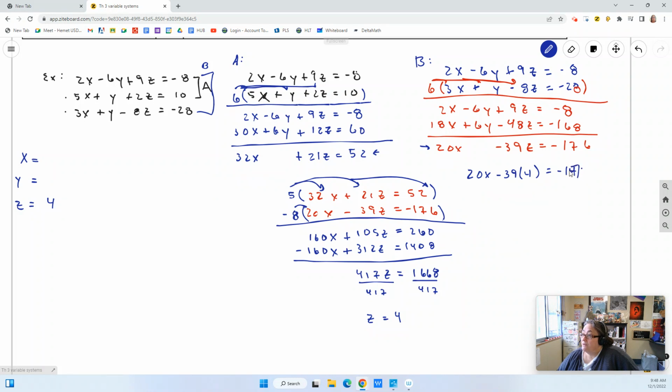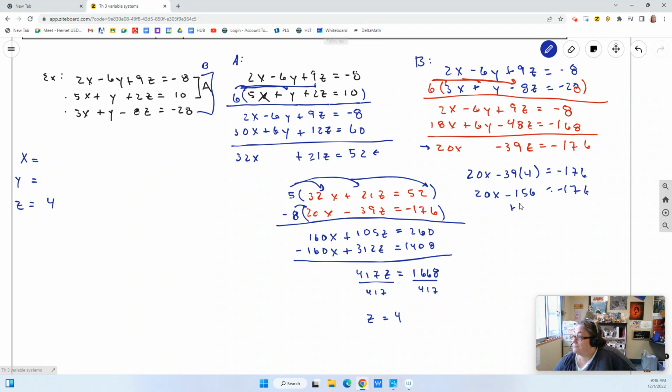So 20x minus 39z, well, we know that z is 4, equals negative 176. Well, 20 times x, 39 times 4, 40 times 4 is 160 minus 4 would be minus 156, equals negative 176.